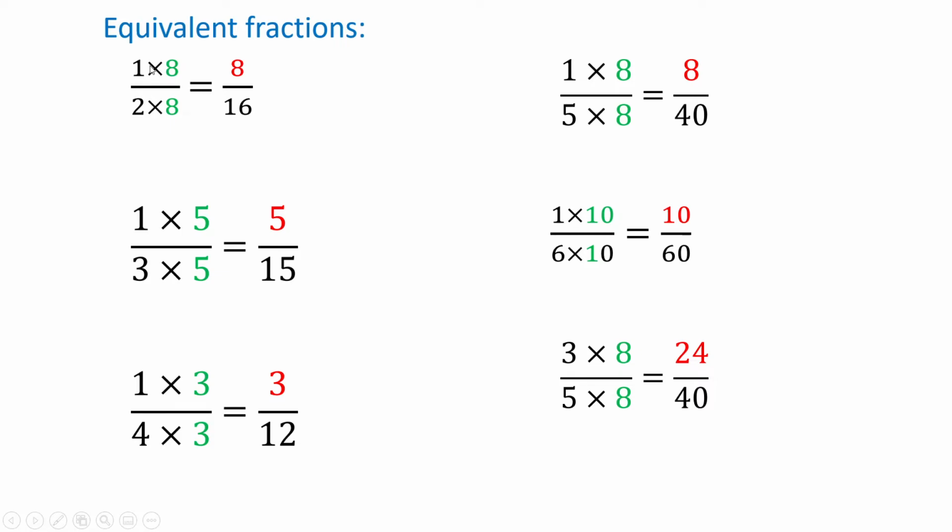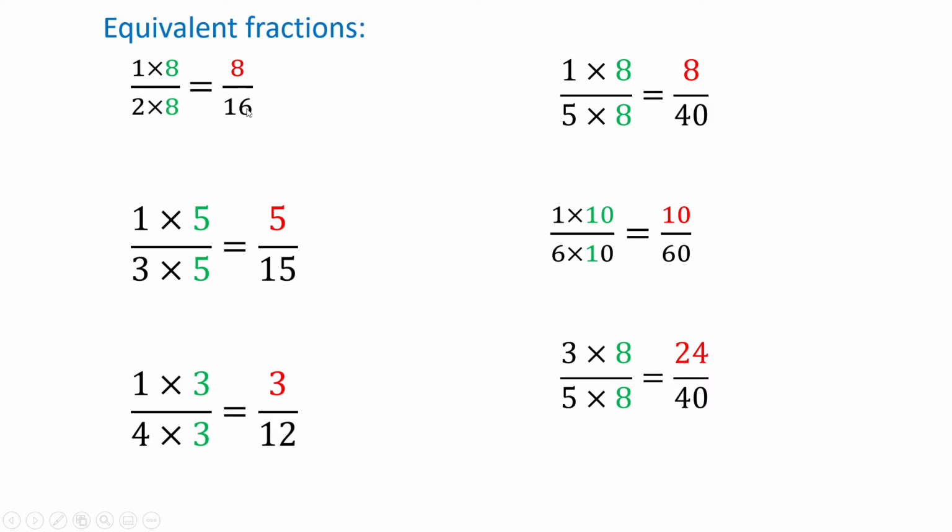We can times by 8 here, or any other number you wish, and times by the same number at the bottom. So 1 times 8 is 8, 2 times 8 would be 16. So 8 over 16, which as you can see is the same as 1/2.